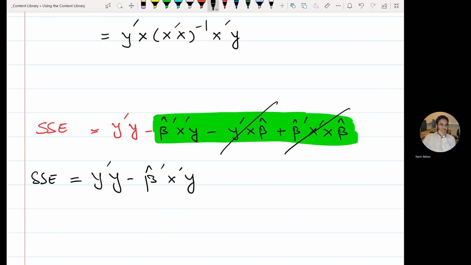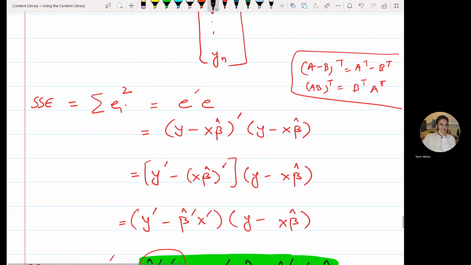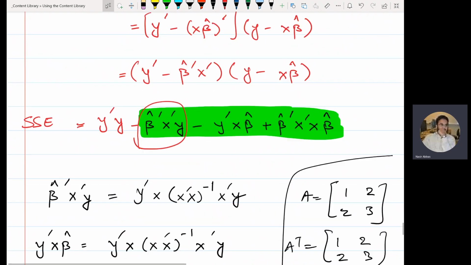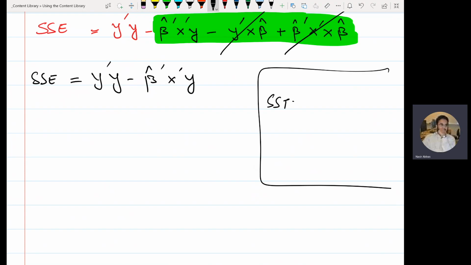Correct? Now, go back. What is your SST? SST is Y prime Y minus something. This minus something is missing there. Y prime Y is there, correct? I need to establish that relationship between SSE, SST, and SSR. We know that SST is Y prime Y minus summation Yi whole square over N. This thing is missing in the equation.